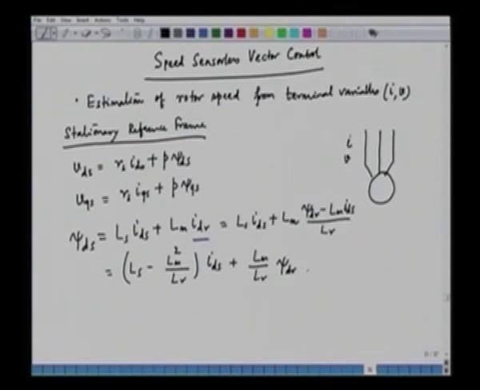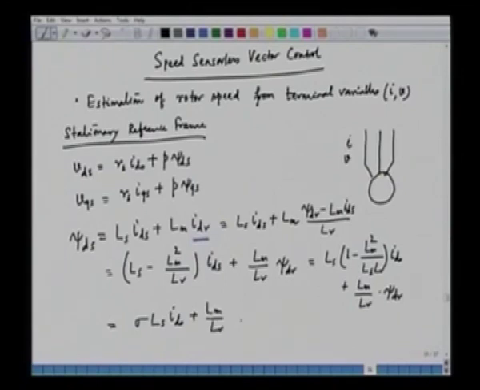And then as before, we can say that that's equal to Ls into 1 minus Lm square by Ls Lr into IDS plus Lm by Lr into psi dr. That's equal to the leakage factor sigma into Ls into IDS plus Lm by Lr into psi dr. This quantity is called the leakage factor because this is actually an index or a measure of the leakage inductance of the machine.